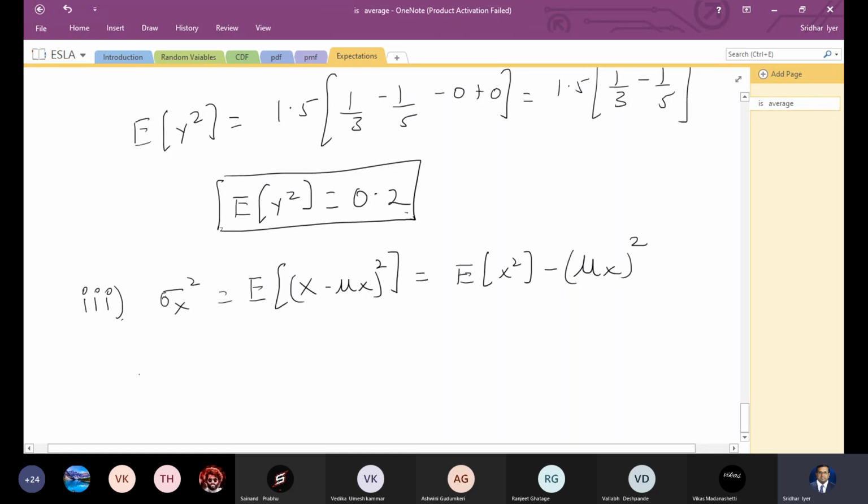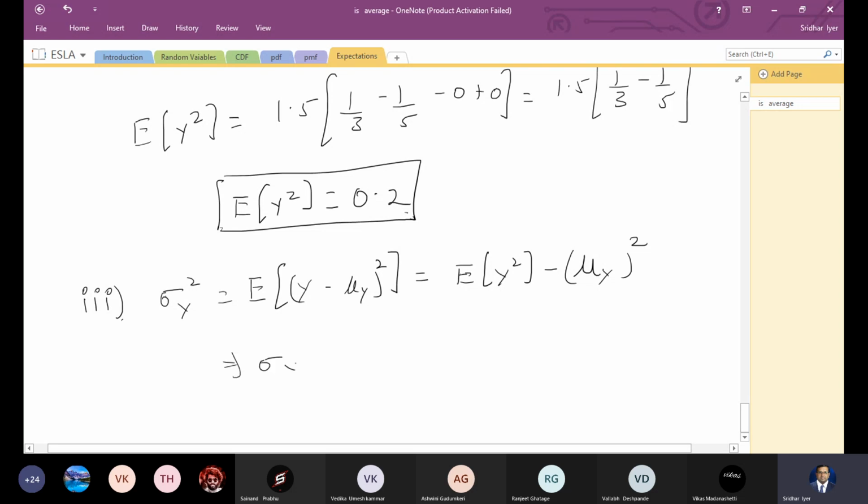Right? And from the first and the second values, we already have E of y square and mu y with us, right? So let me write this variance in the form of y, right? Because the random variable given to us is y, right? So I'll change this to sigma y square, which is E of y minus mu y the whole square, and this will be E of y square minus mu y the whole square.